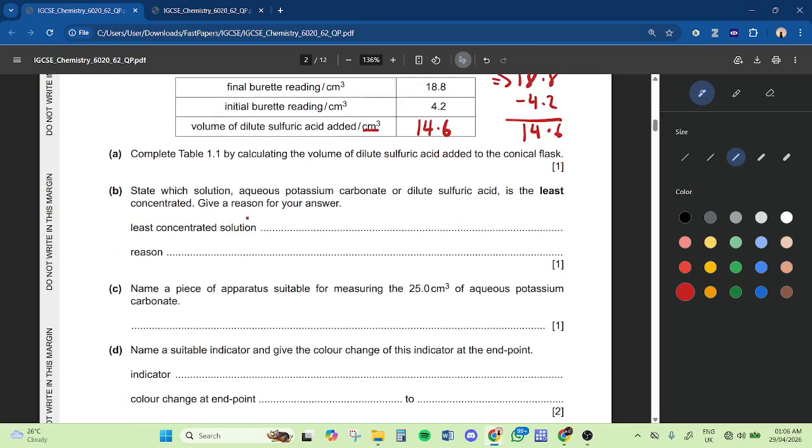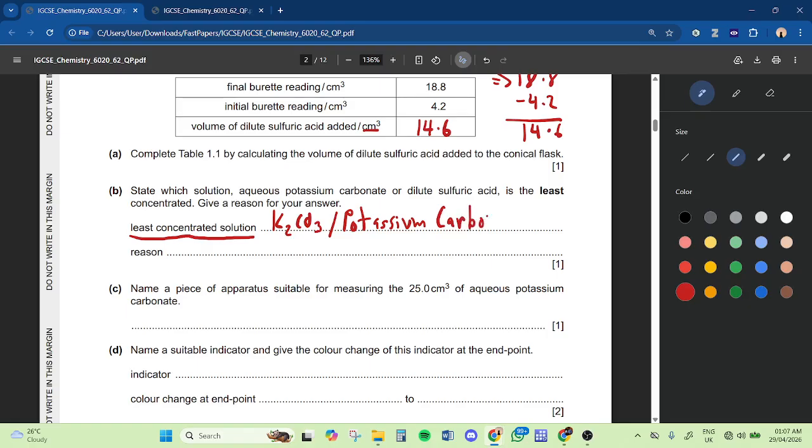Now it's important that you read the question here. A lot of people might think that, oh, they're talking about concentration, and we're going to give sulfuric acid. But it's asked for the least concentrated solution. So because we know what the least concentrated solution is, we're going to write down K2CO3, or you can write potassium carbonate.